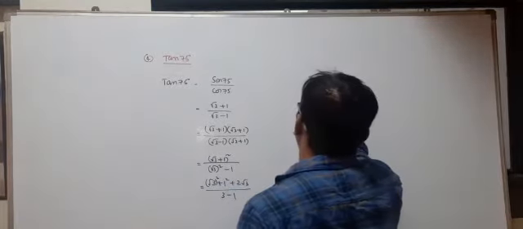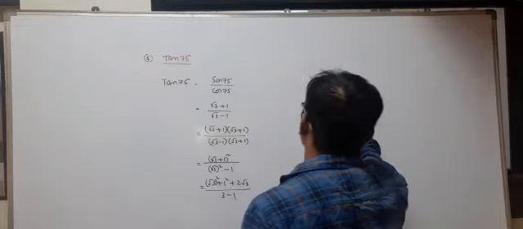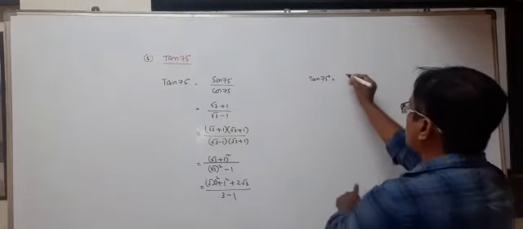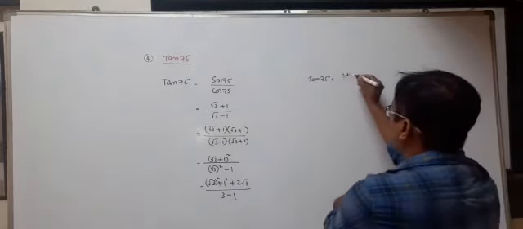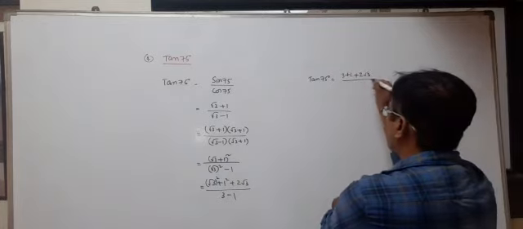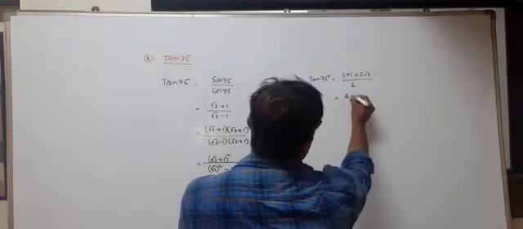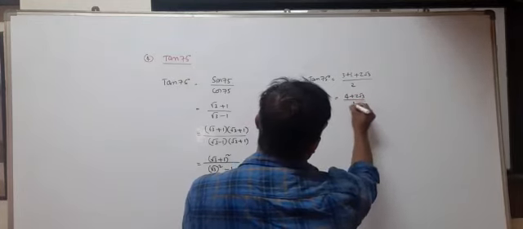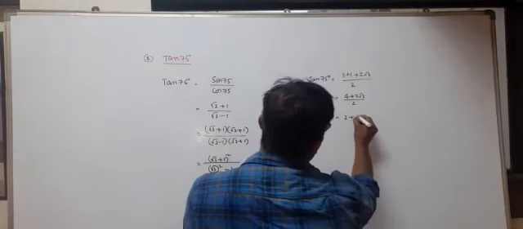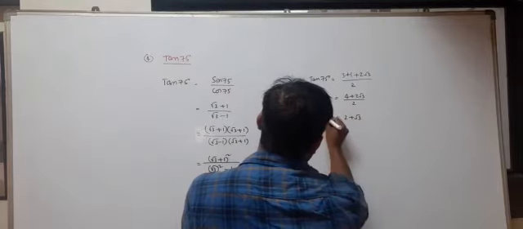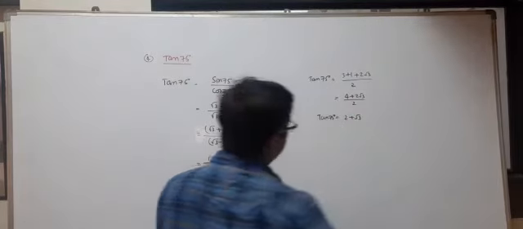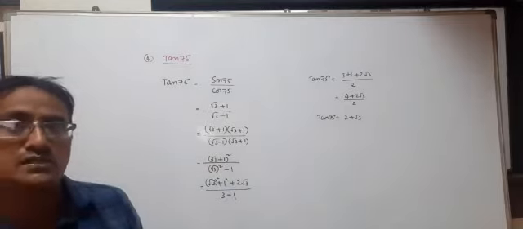Now tan 75 is equal to 3 plus 1 plus 2 root 3 by 3 minus 1, which is again 2. So 4 plus 2 root 3 by 2, it will be 2 plus root 3. So tan 75 degrees is equal to 2 plus root 3.